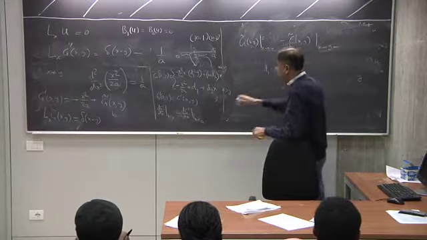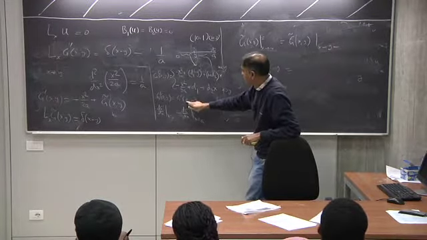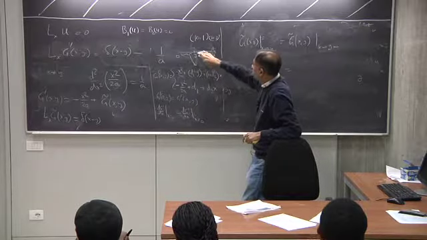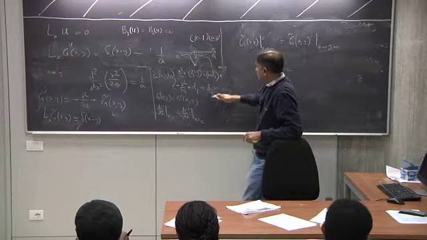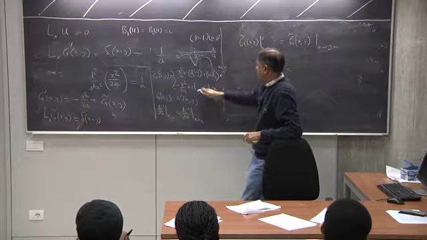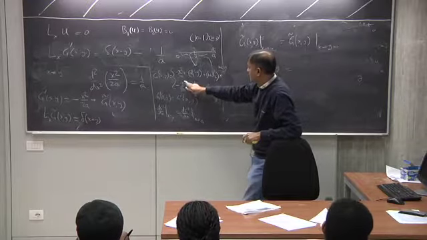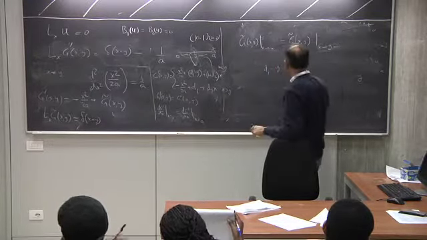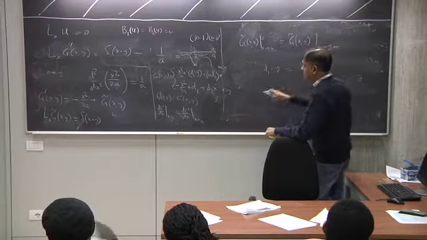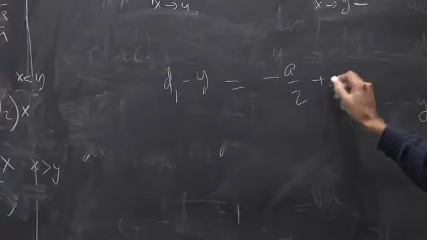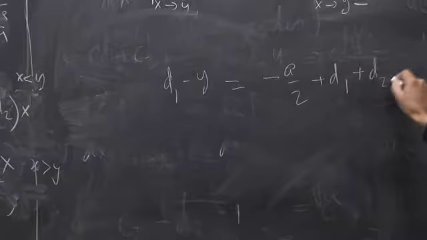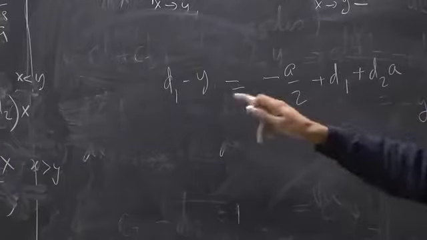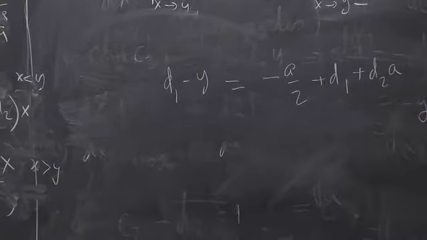That should be equal to g prime at x equal to a y, but x equal to a is in this other region. So I look at this solution and put x equal to a there. This gives you a square over 2a, so minus a by 2 from there. Then you have plus d1 plus d2a. So this is one condition.